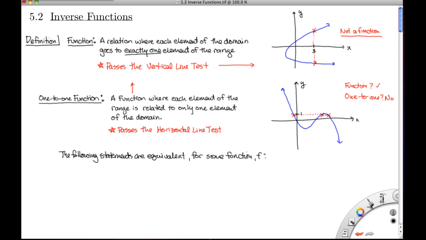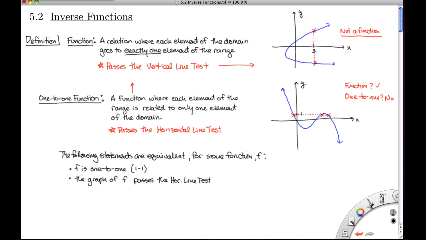If I were to tell you that f is one-to-one, and oftentimes we're going to use the notation 1-1 to denote we're talking about a one-to-one function, that would be the exact same thing as me telling you that the graph of f passes the horizontal line test. I'm just going to abbreviate this, the horizontal line test. So if you have either one of those, they're telling us the same thing.